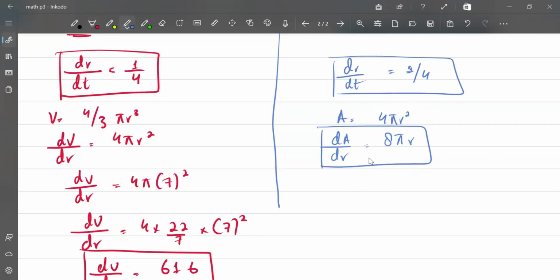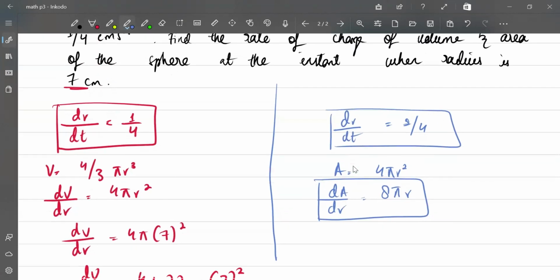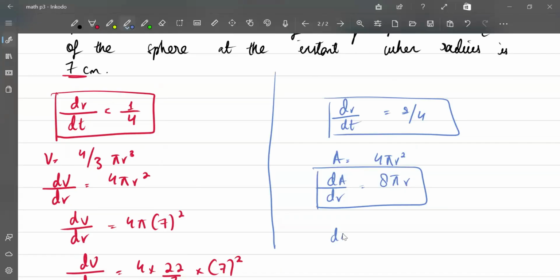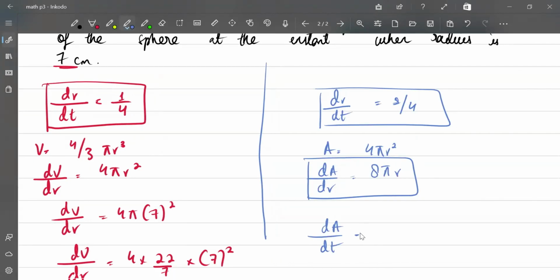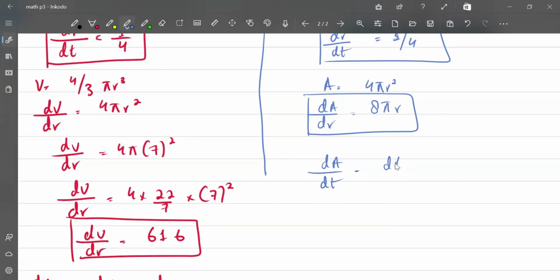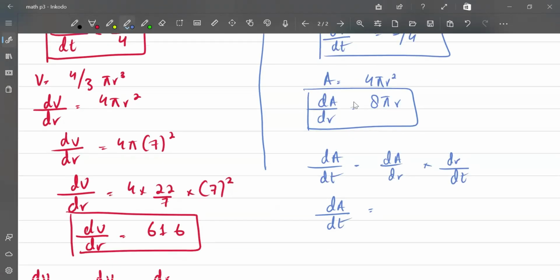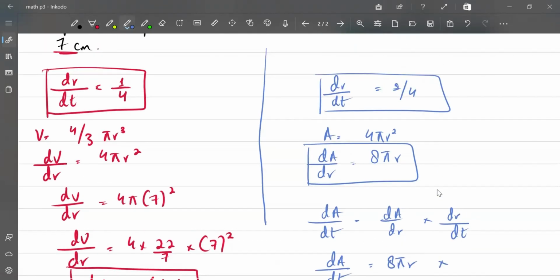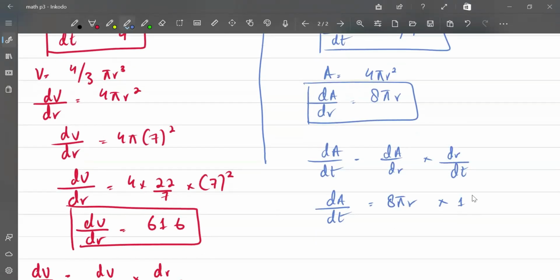We have dA over dr, we have dr over dt. So now there should be no problem in forming the chain rule. The rate of change of area, dA over dt, is what is required. So just form the chain rule, dr is the common variable. dA over dt: we have dA over dr, which is 8 pi r, and dr over dt, which is 1 upon 4.